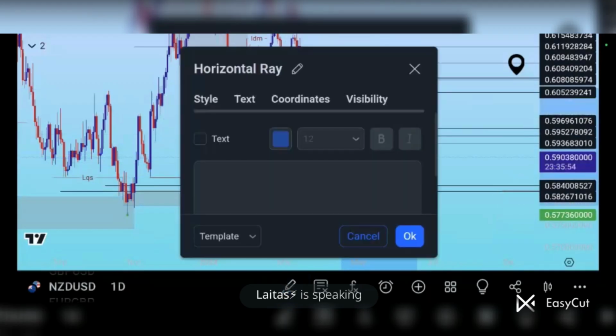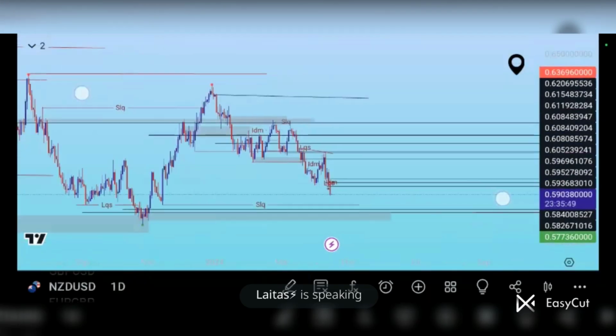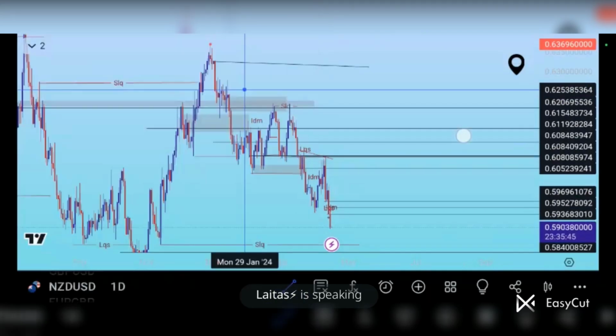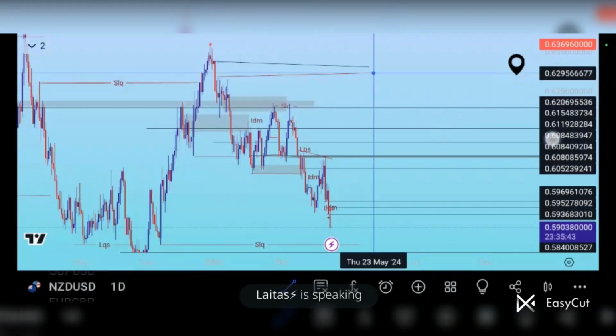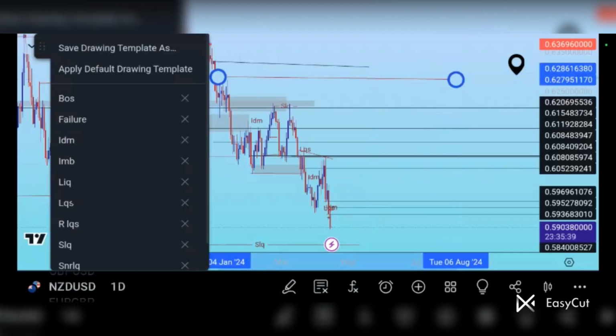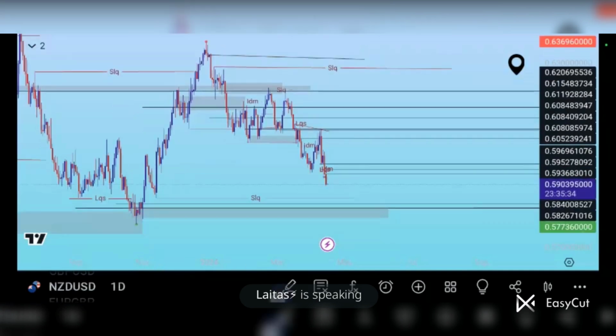So after this now, what's the next liquidity target? The next one will be this structural liquidity. So now we have something like this. Let me clear all this.